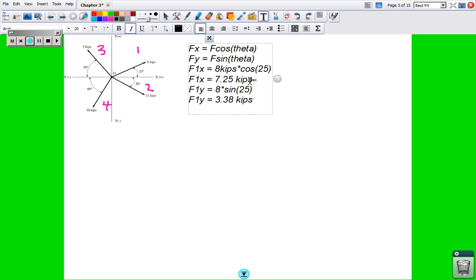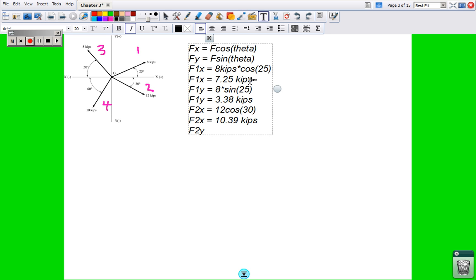Okay, F2x is going to be equal to 12 cosine 30. F2x is 10.39 kips.